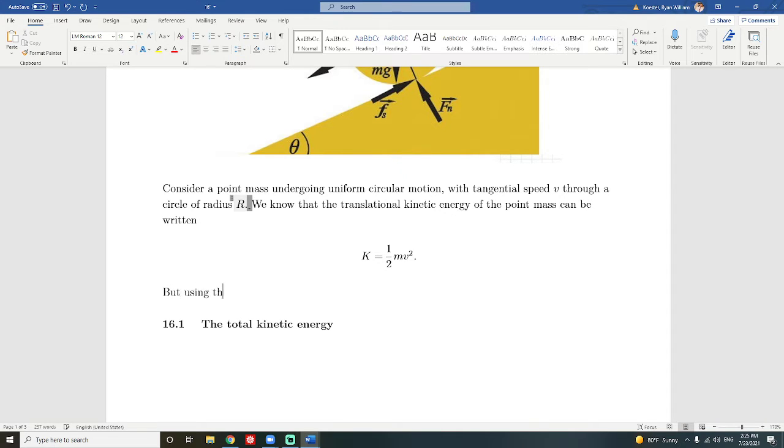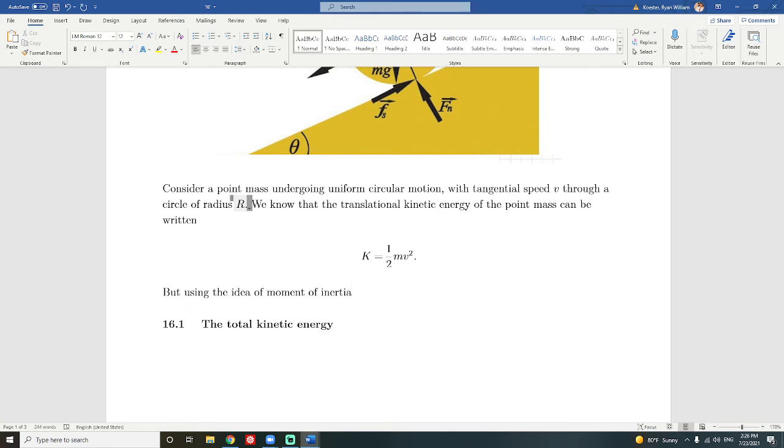Let's use the idea of moment of inertia. Remember, this was defined, for a collection of point masses, as the mass times its perpendicular distance from the center of the circle squared, right? We just add a bunch of terms like that up to get the moment of inertia for a collection of particles.